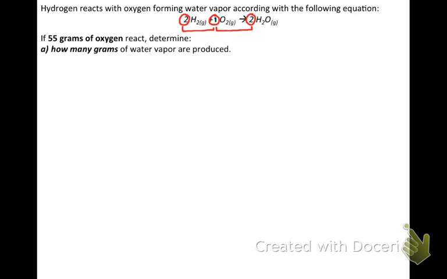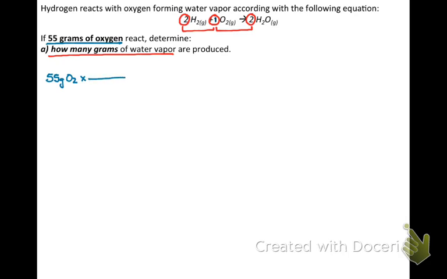Here they are asking for how many grams of water vapor are produced from 55 grams of oxygen. So let's start with option number 1. We start with 55 grams of O2, then transform the grams of oxygen into moles of oxygen.